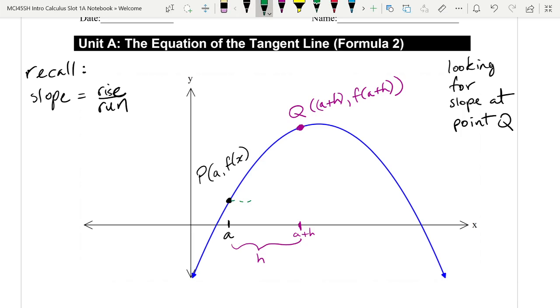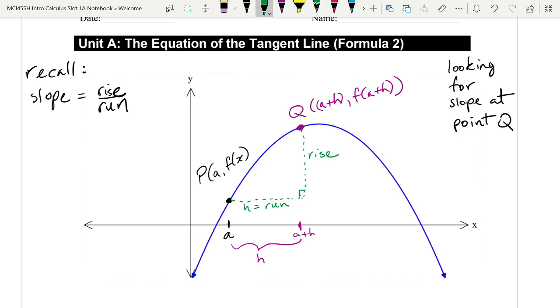So we already defined this distance here as h, but h is of course what we would call the run. And this distance here, assuming we make a triangle with a right angle in it, this would be my rise.